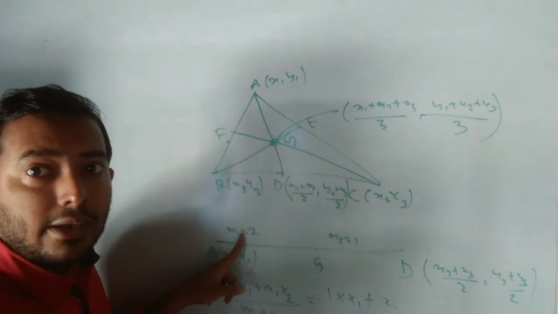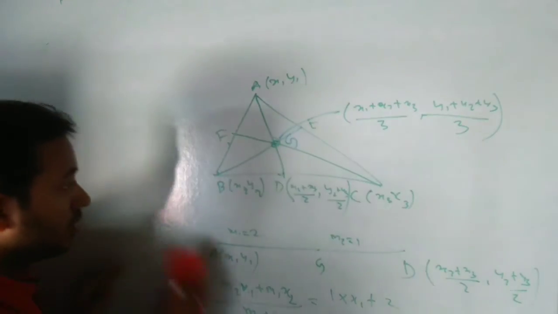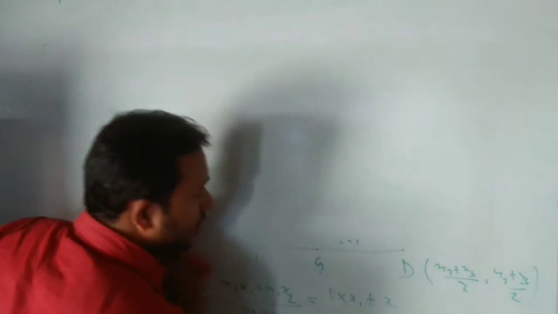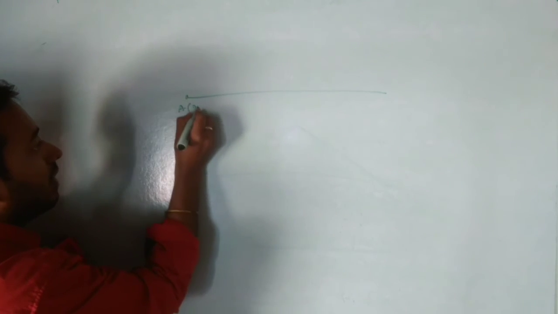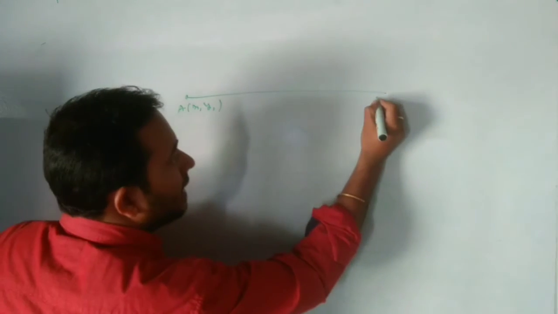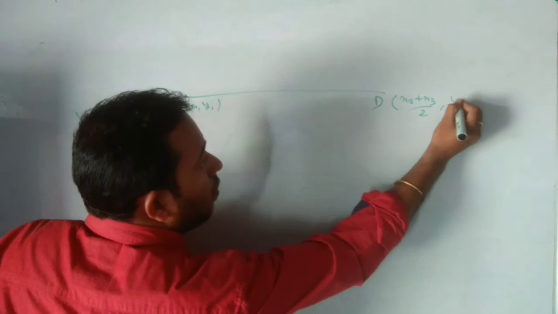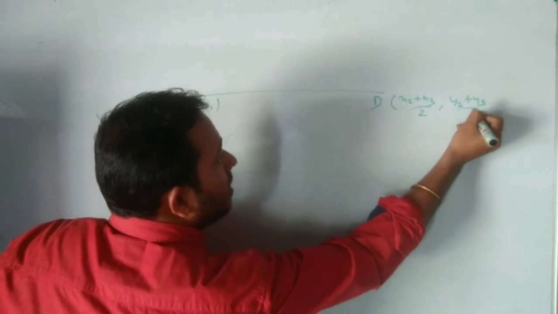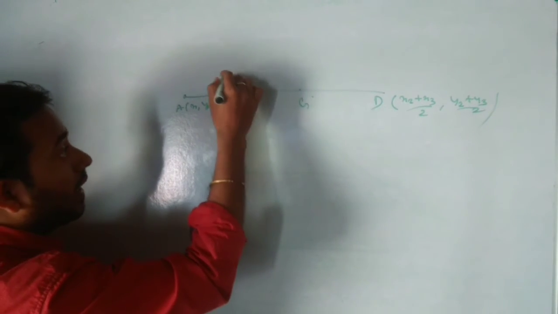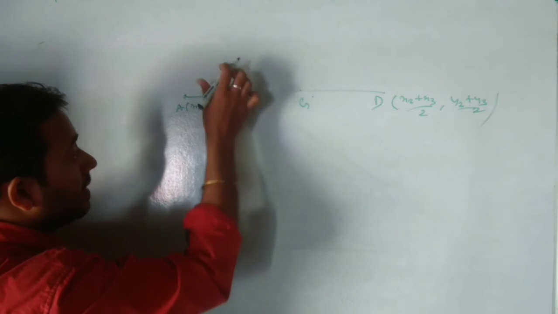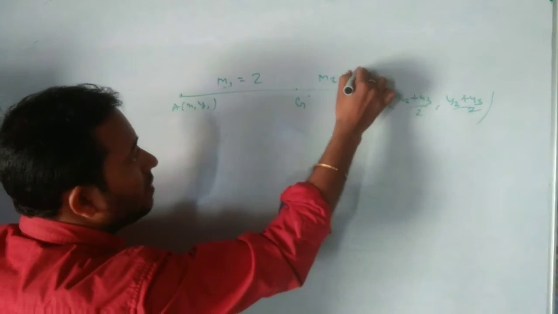Let me write it here. Take the point x1, y1, and D here, (x2 plus x3) by 2, (y2 plus y3) by 2, and G is here. We need to find G. We have m1 as 2 and m2 as 1.